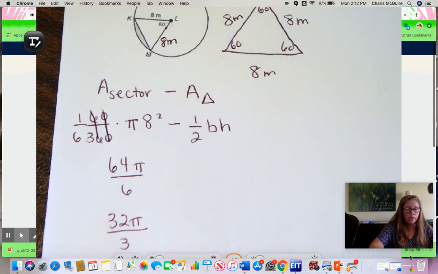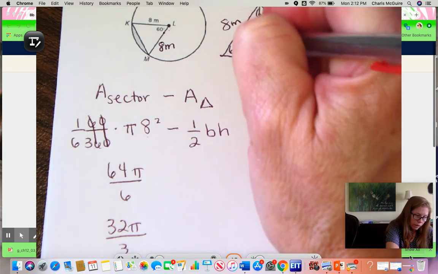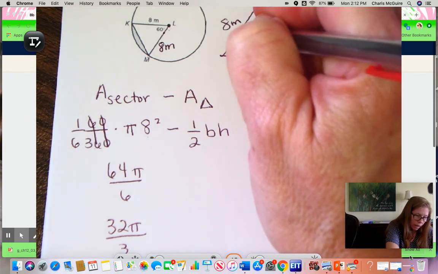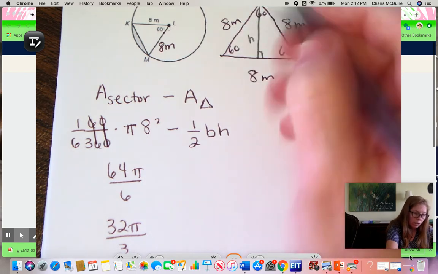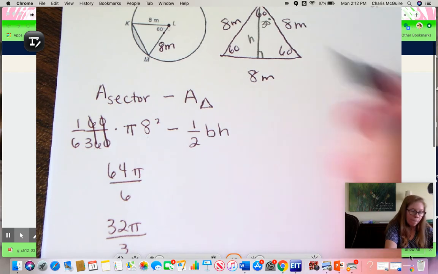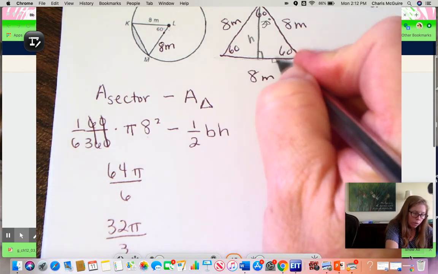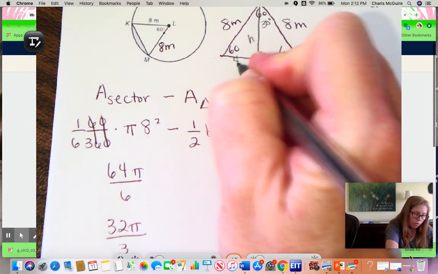We've got the base of our triangle. We need the height. I'm going to draw it in pencil. Here's going to be the height. Right away, you know that this is 30 degrees up here at the top, and this base has been bisected. So we have 4 meters on this side and 4 meters on this side.